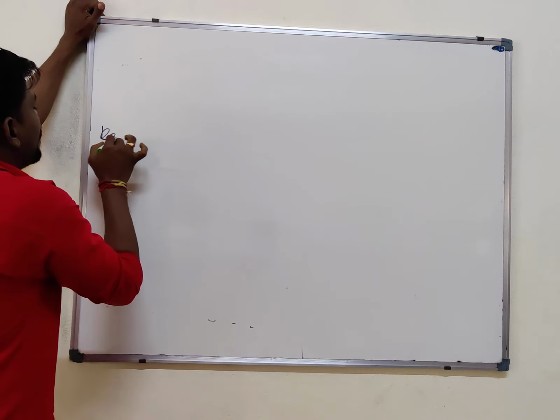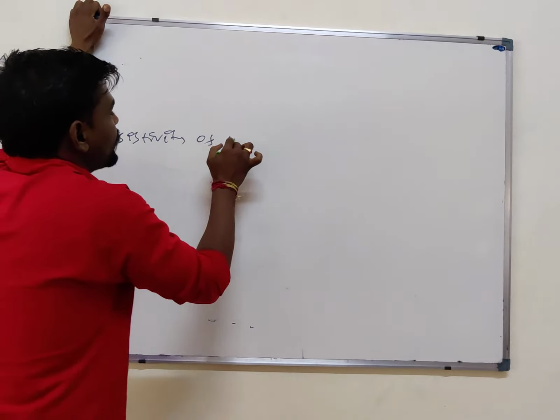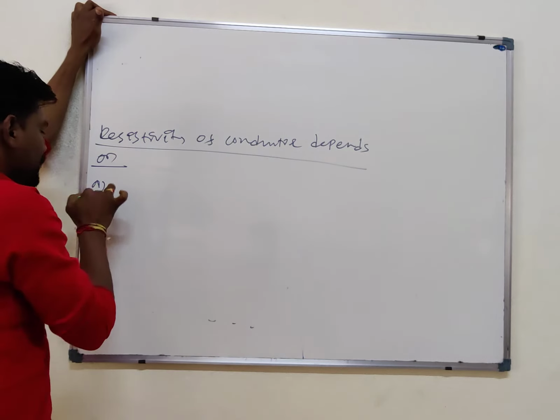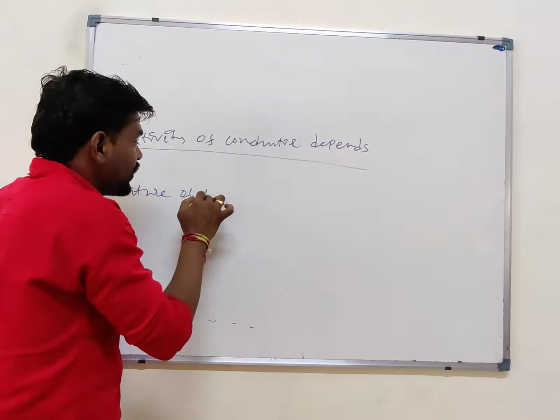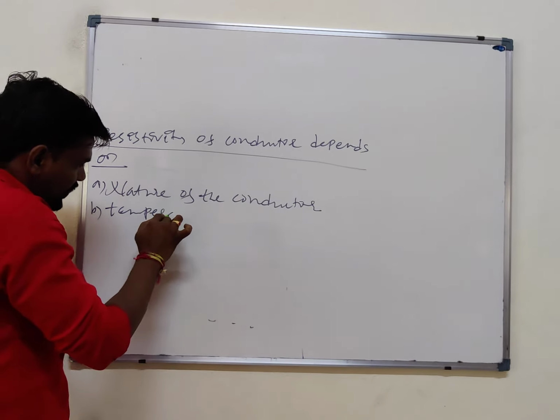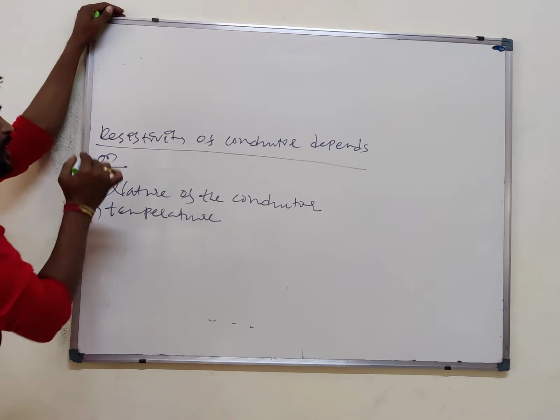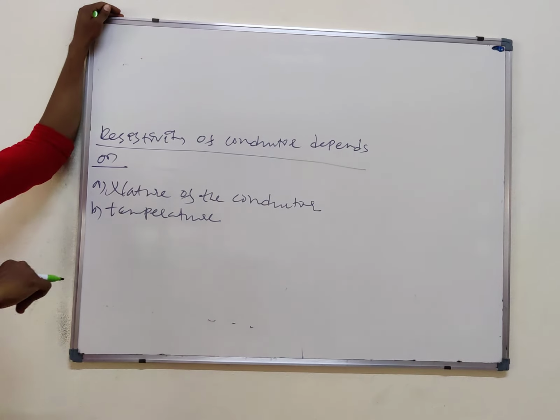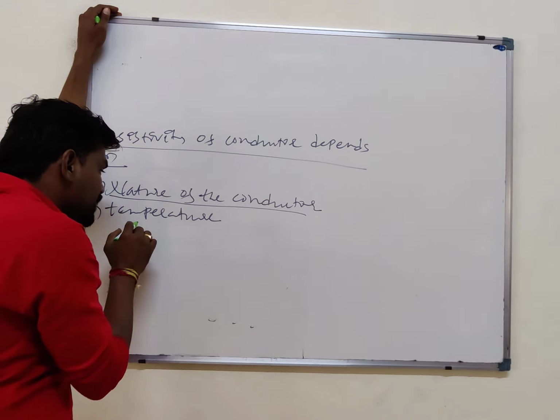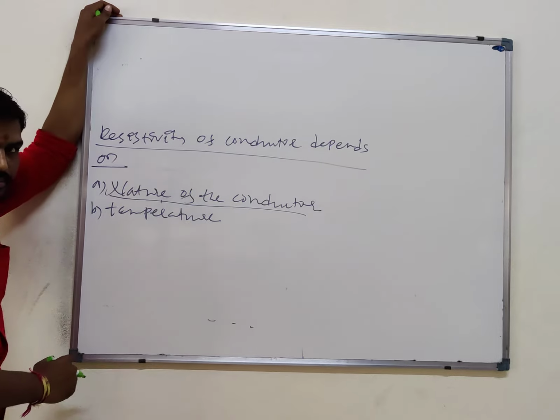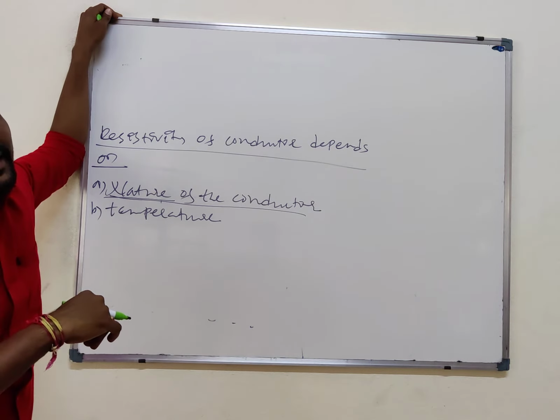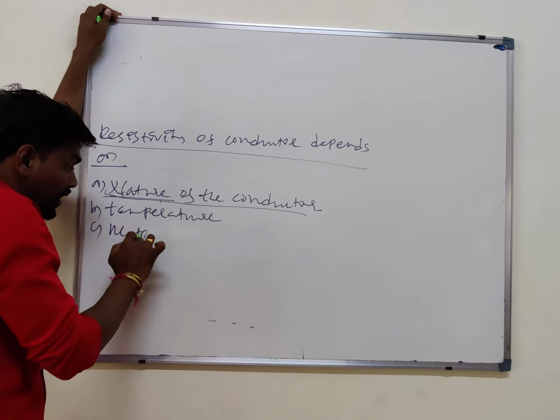The resistivity of a conductor depends on the nature of the conductor and the temperature. It does not depend on the dimensions of the conductor. It depends on the nature, that is, which kind of material it is.